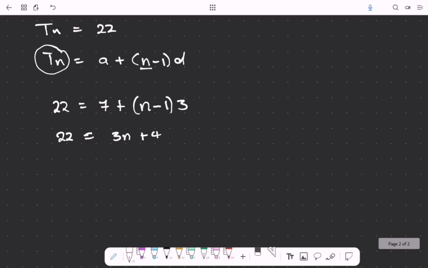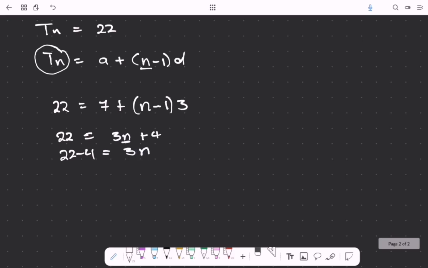So now we have this. We have only one unknown in this equation, which is n. n is our only unknown. We are trying to find the position in which we find the value of 22. All right, so let's work this out. 22 minus 4 is equal to 3n.